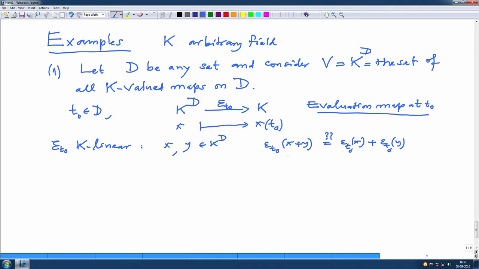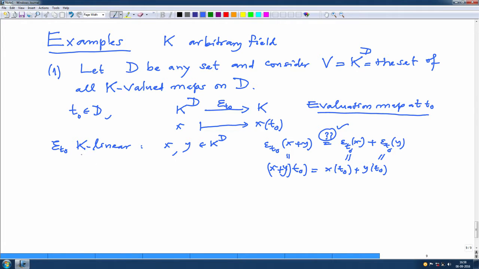But what is this? The function x plus y is evaluated at t naught by definition of epsilon t naught. But the definition of addition of functions is pointwise, which is same as component wise. This is same as x at t naught plus y at t naught. But x at t naught is by definition epsilon t naught at x, and this is epsilon t naught at y. So we have checked this.